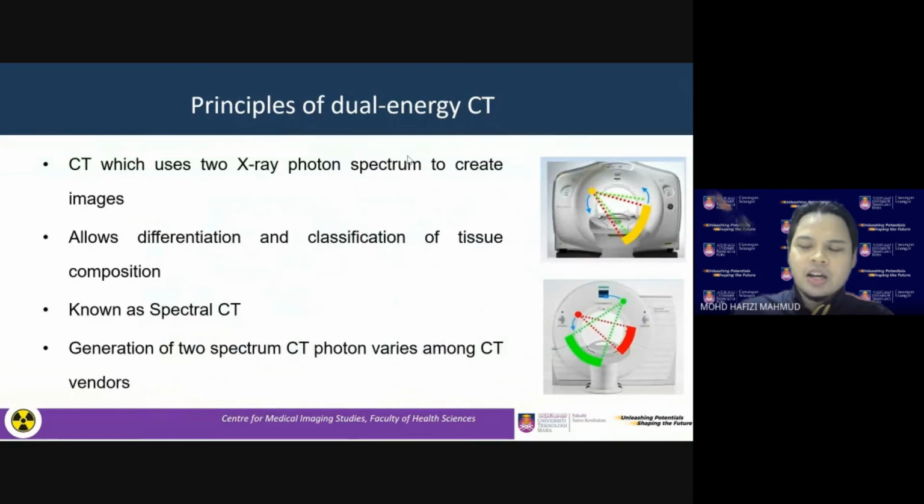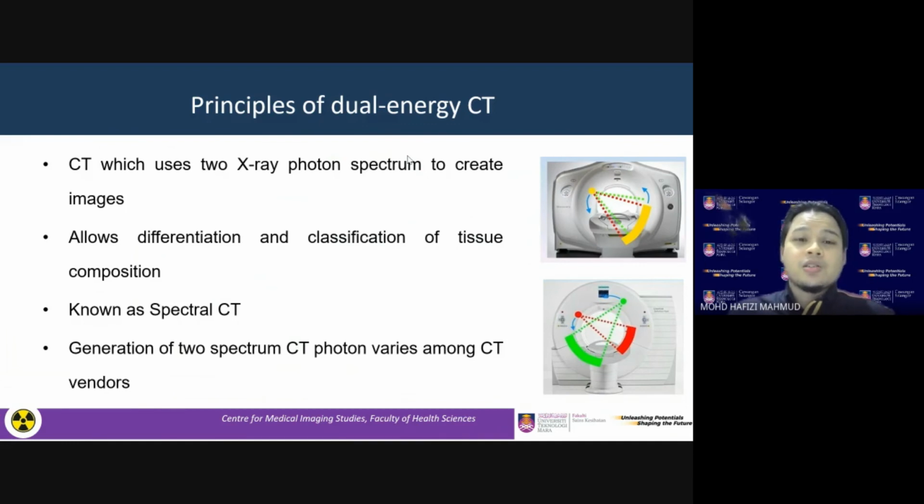My presentation will cover the background and the principle of dual energy CT, and also some background of kidney stone and how dual energy CT is applied to image or to characterize the kidney stones.